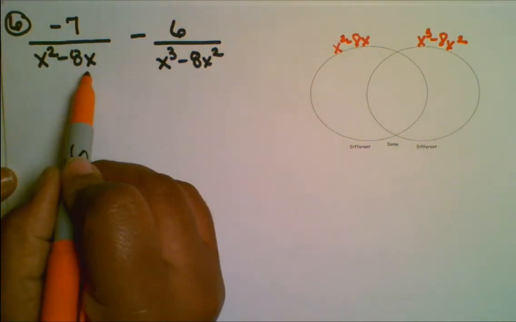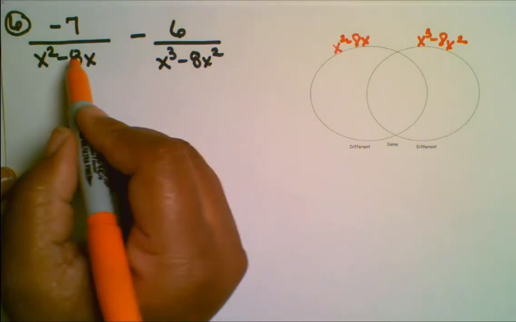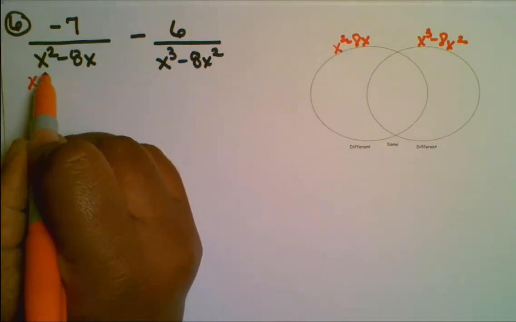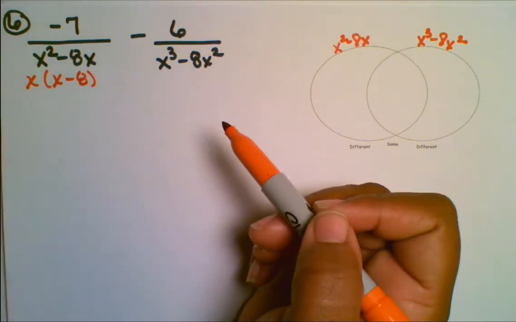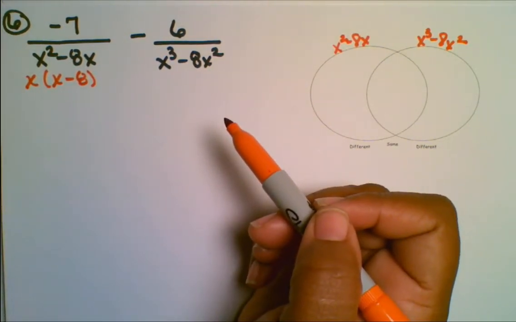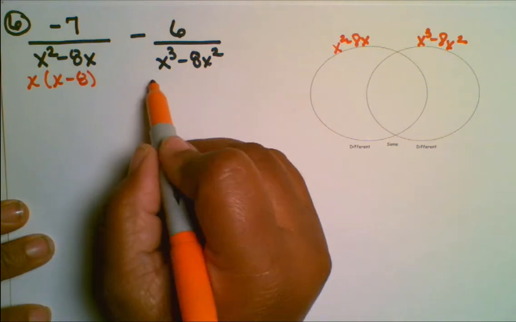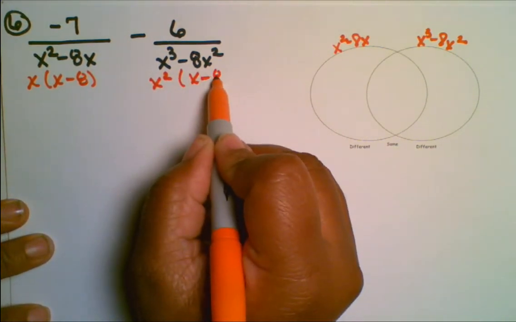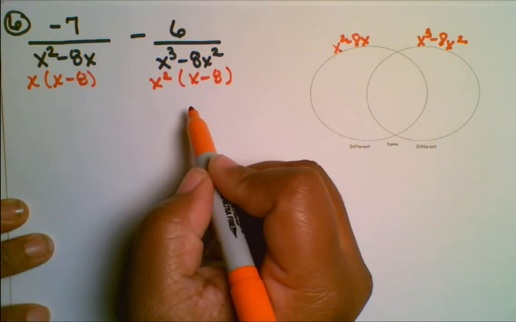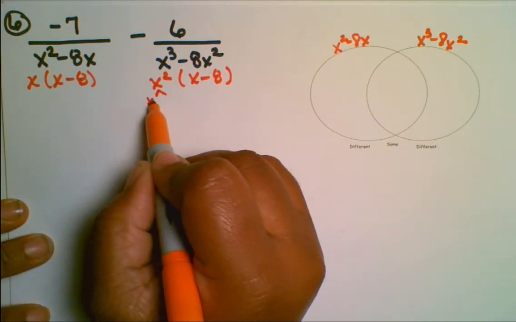For our first fraction, the denominator, we can factor out an x, and we have x minus 8. And for our second fraction, we can factor out an x squared, and we have x minus 8. And that x squared, you're saying x times x.